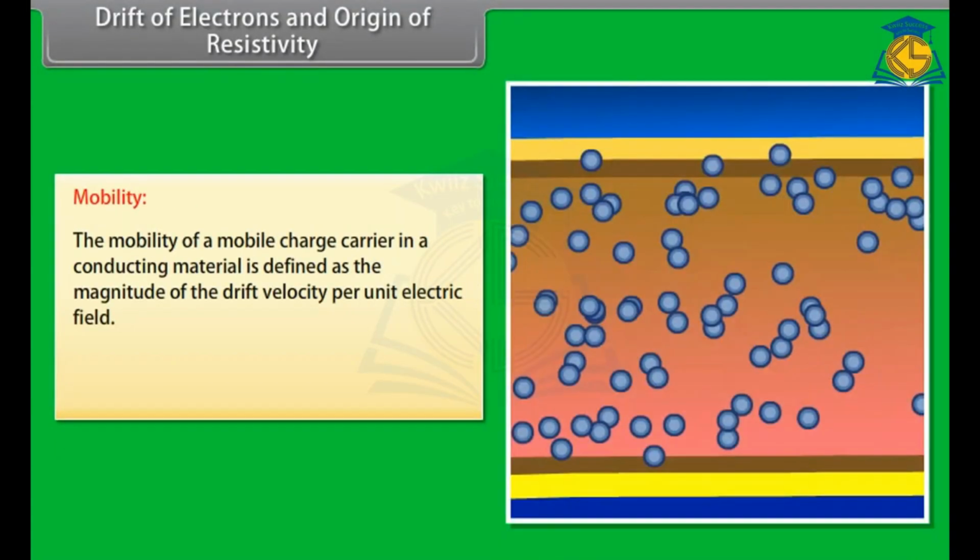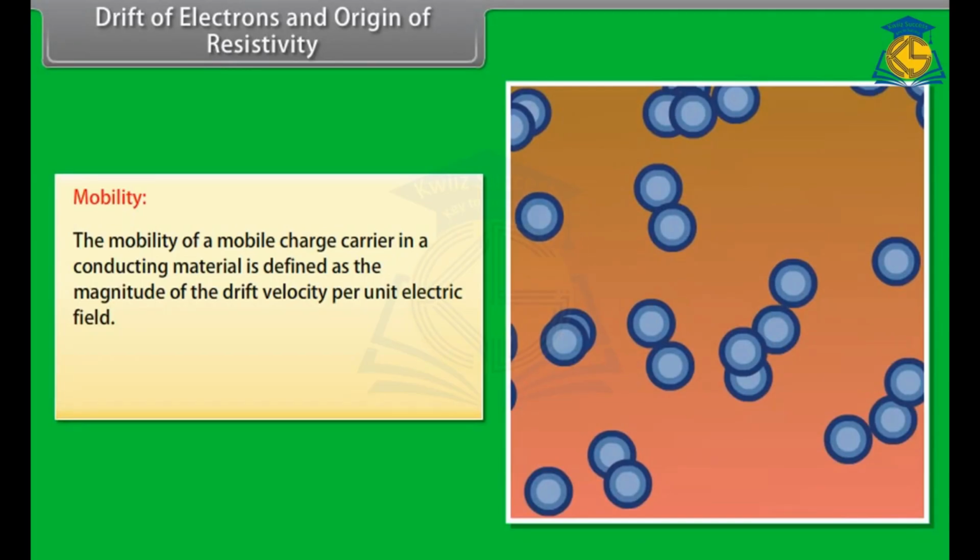Mobility. The mobility of a mobile charge carrier in a conducting material is defined as the magnitude of the drift velocity per unit electric field.